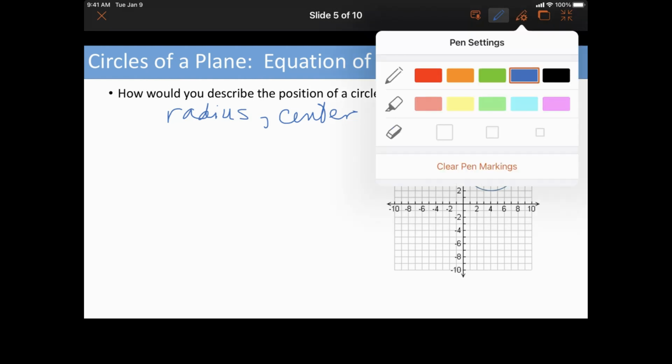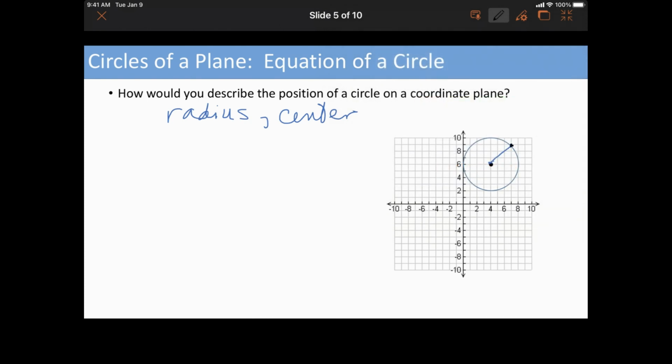Okay, so if I have here's my radius and there's my center, how do I find the radius? Well, the radius is just the distance. Radius is just a length. So if I use the distance formula, that would be great. So I can have a point here, x1, y1.